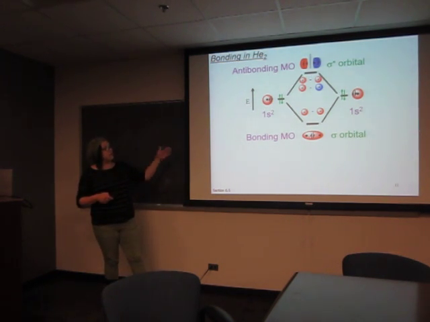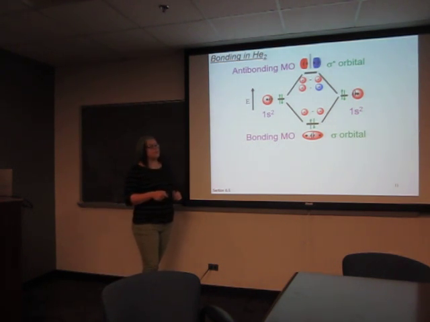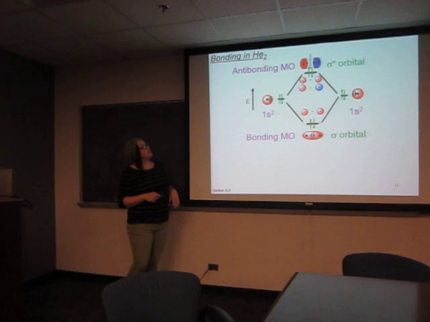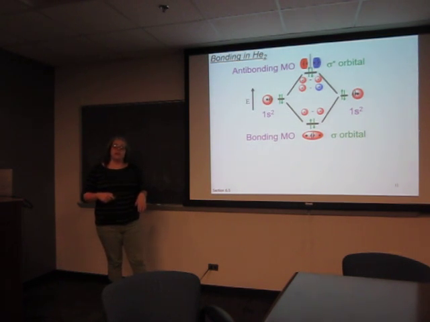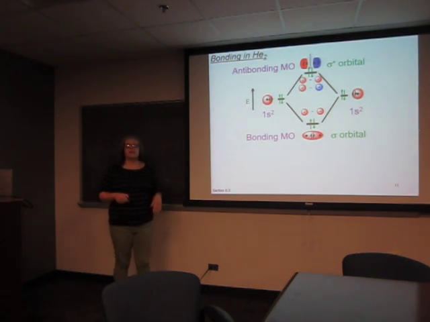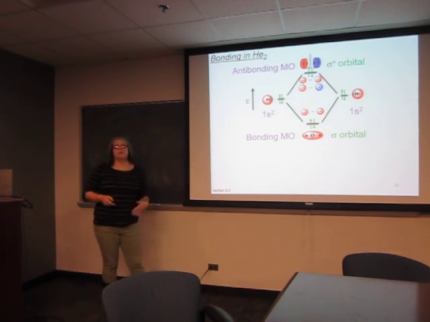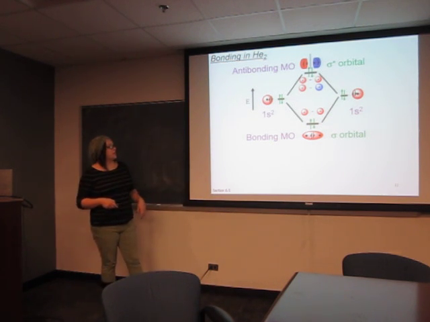And so if we start putting these into our molecular orbitals, 2 of the electrons can go into the bonding molecular orbital, and 2 of them are going to have to go up into the anti-bonding molecular orbital. So notice that while 2 electrons lowered in energy, the other 2 electrons had to raise in energy. And the amount that we lowered the energy is the same as the amount that we had to raise the energy. So there's no net energy benefit for helium to form a bonding interaction.